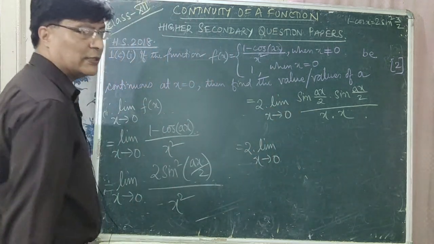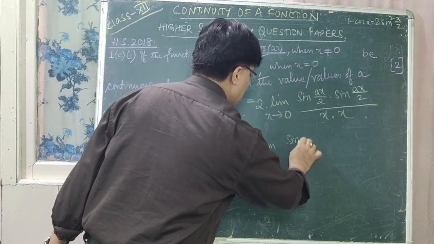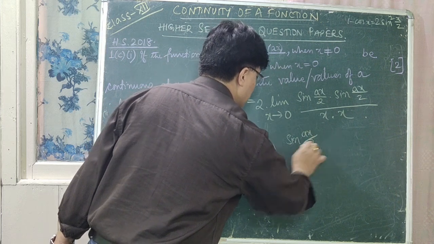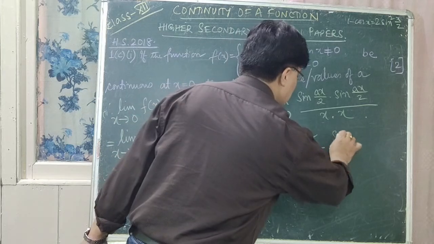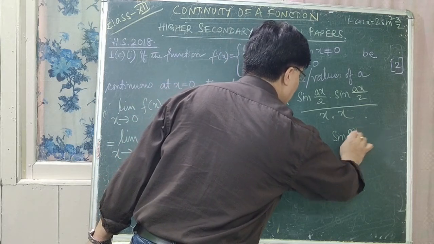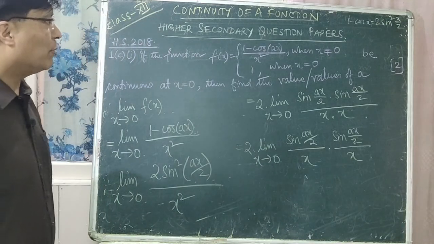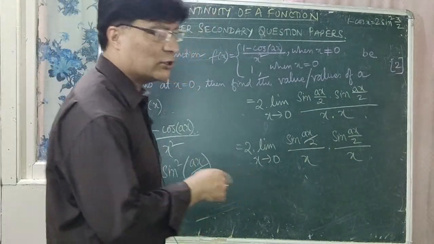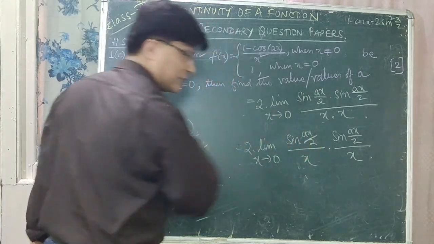So this is equal to 2 into limit x tends to 0. Now you can separate it and write it in the form of sin x by x form. So this is sin ax by 2 divided by x into sin ax by 2 divided by x. You can convert it into sin x by x form, but instead of x, what is there? ax by 2.